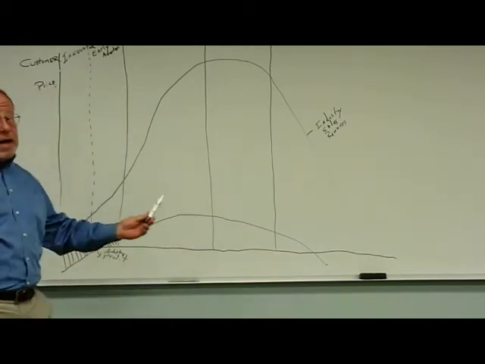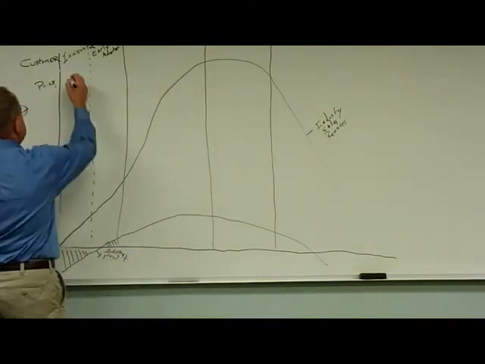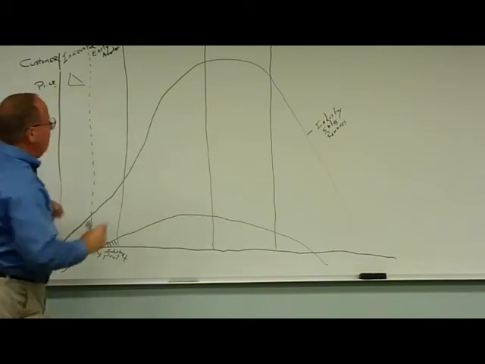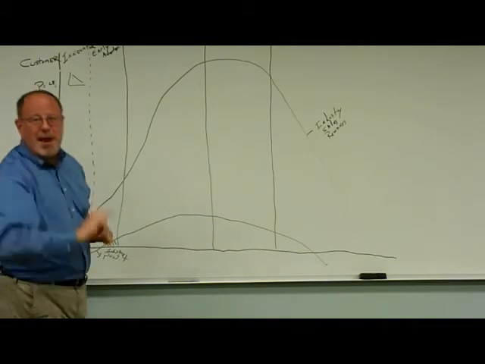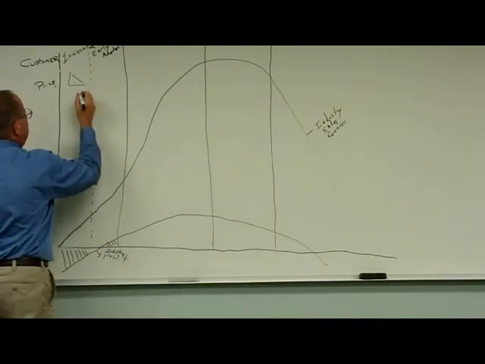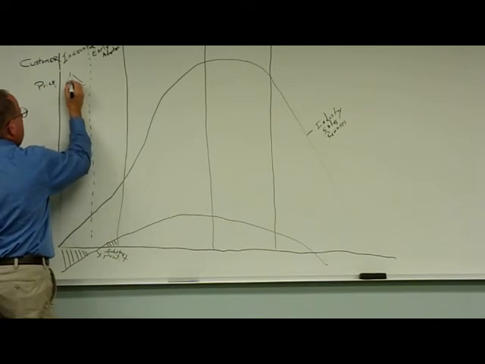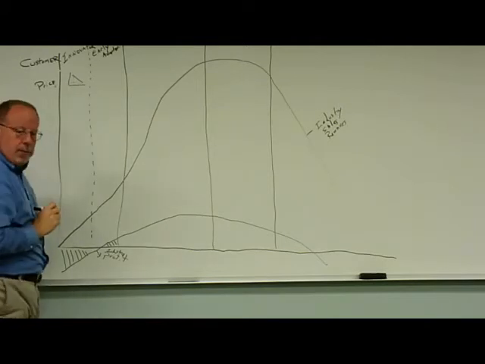Now, you guys have had your economics, so you know this diagram here, and this curve right here is a demand curve. What it says is that at a high price, few people buy it, and at a low price, a lot of people buy it.